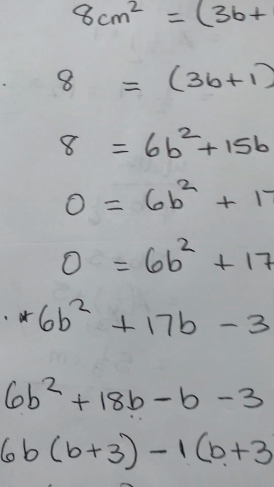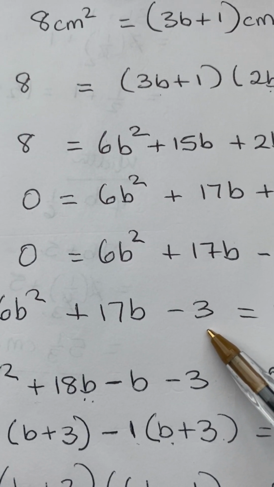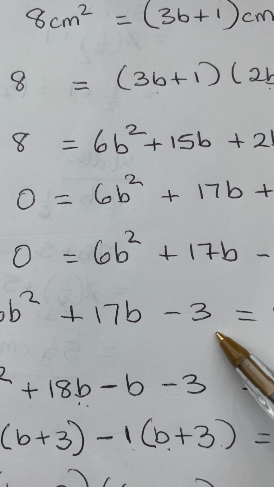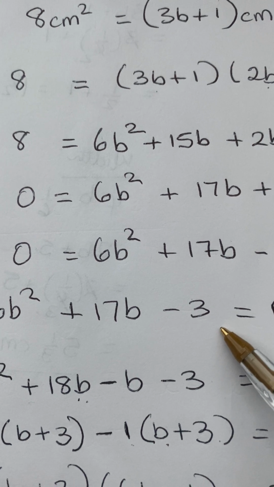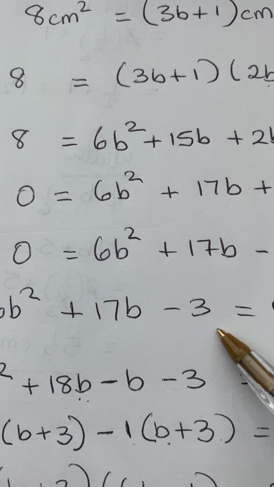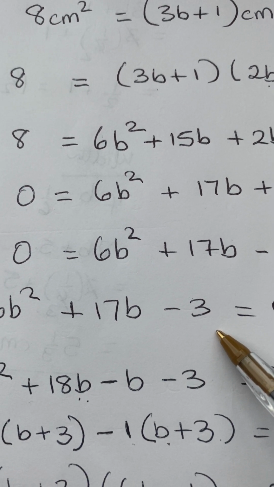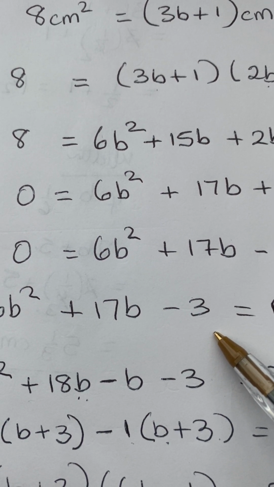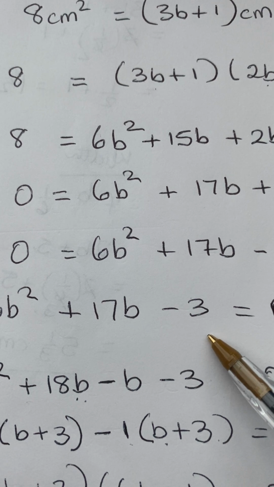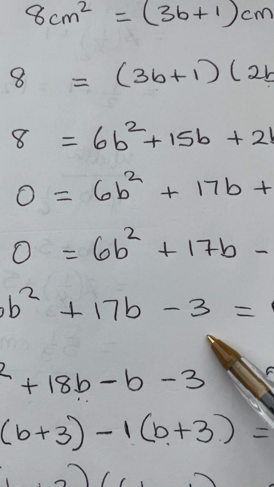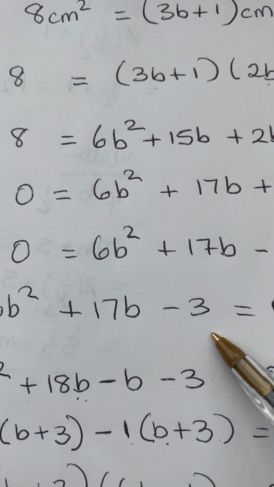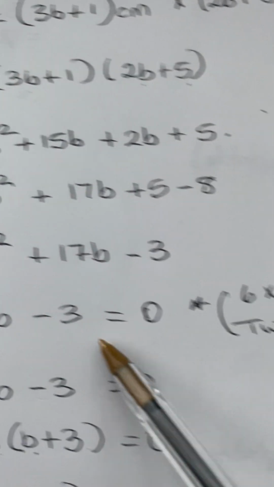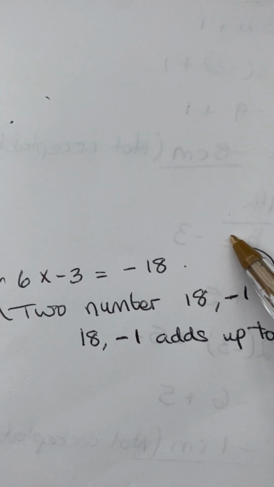Now, this is a quadratic equation. You can use the quadratic formula: minus b plus or minus the square root of b squared minus 4ac, all divided by 2a.